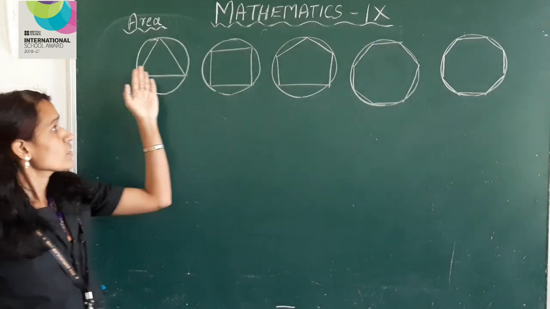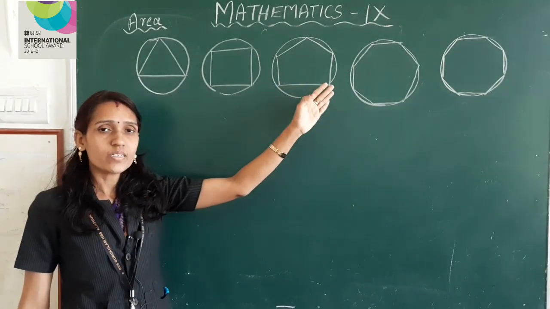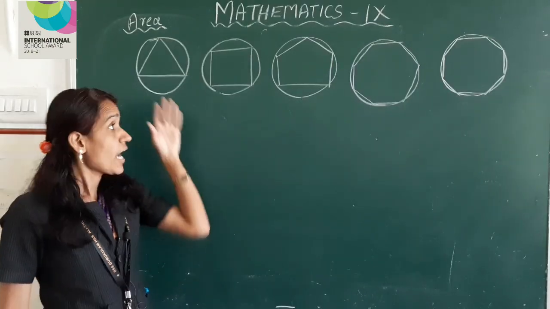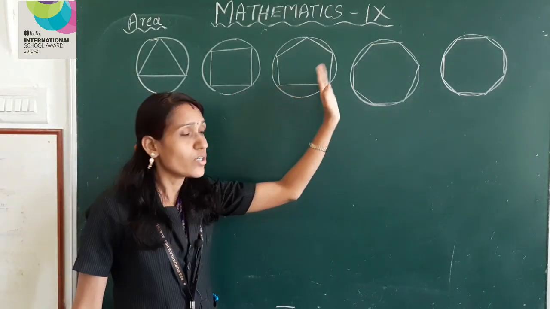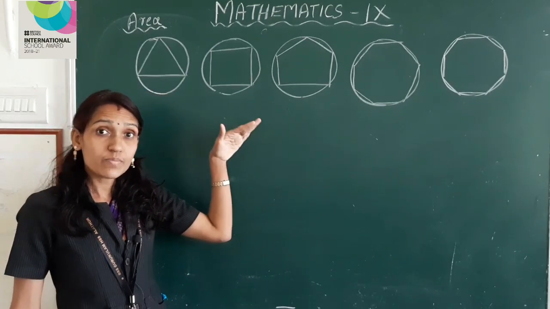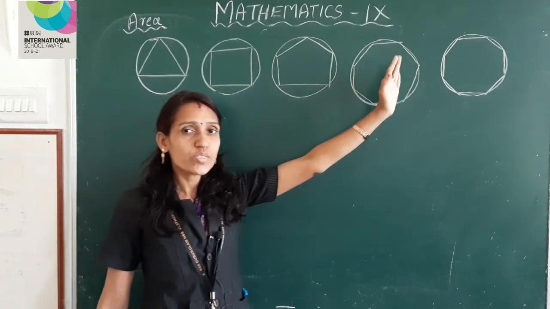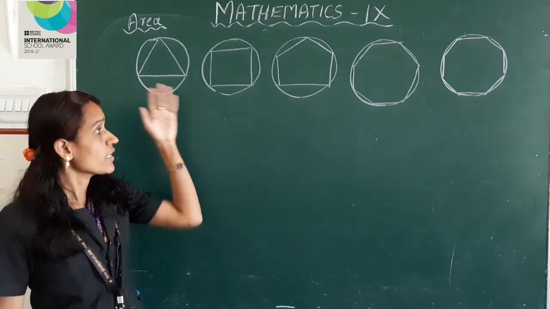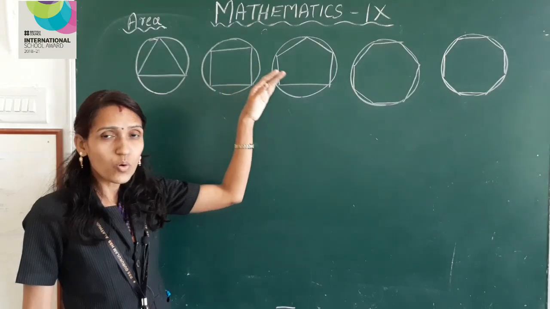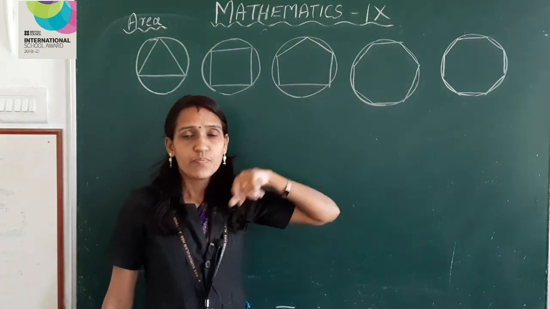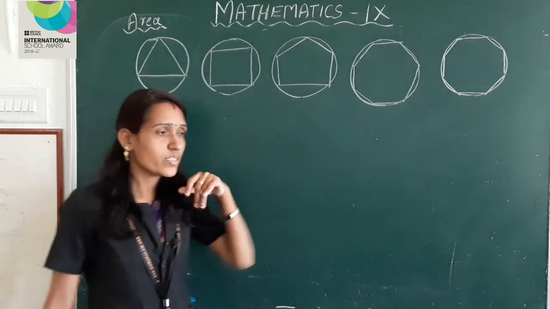See, these regular polygons are constructed inside the circle, right? As the number of sides of the regular polygon increases, its perimeter comes closer and closer to the circle. Then the area of the regular polygon comes closer and closer to the area of the circle. Now we have to check.